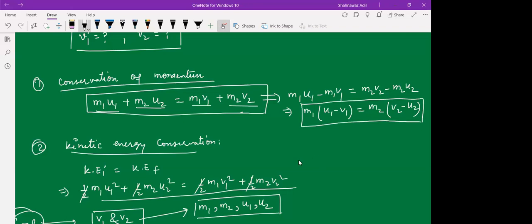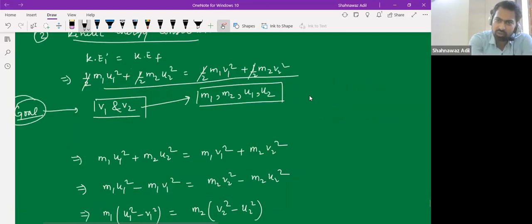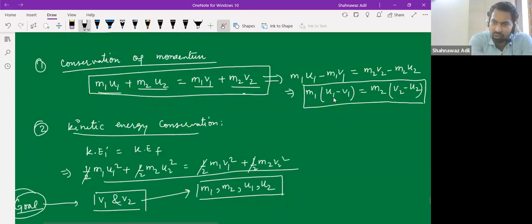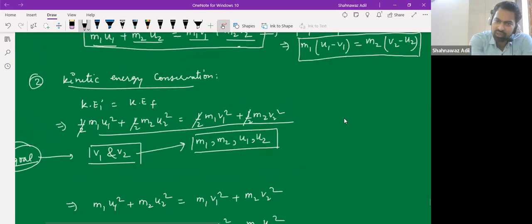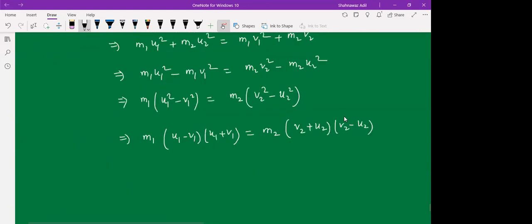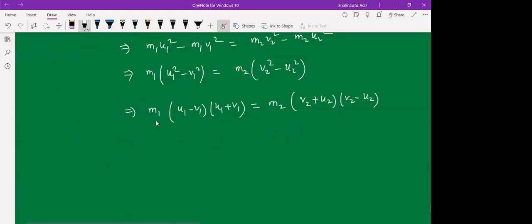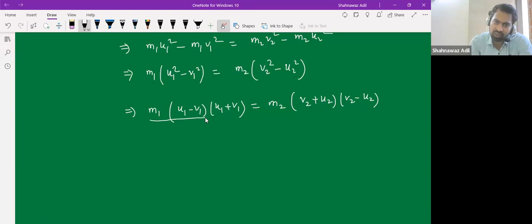So what can you do from here? You know what m1 times u1 minus v1 is, right? So this is m2 times v2 minus u2, right?